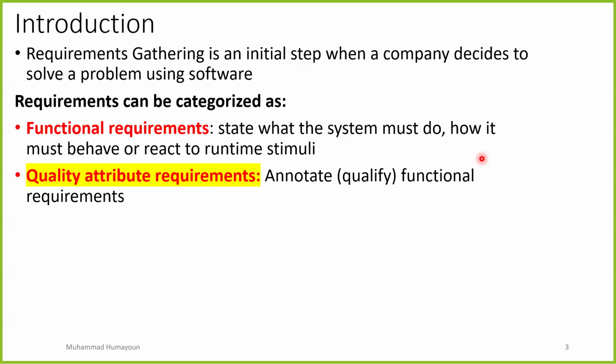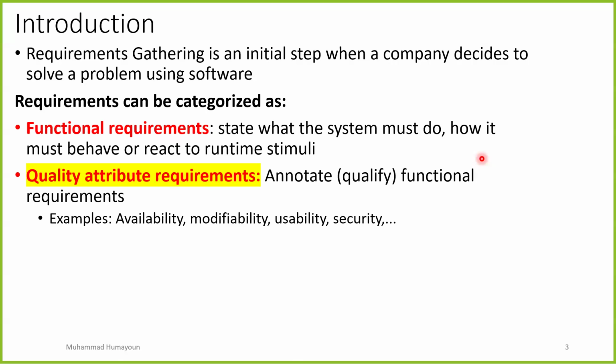Your system should be available, your system should have accessibility features so that it is workable for large audiences, especially persons with disabilities, and so on. So what these quality attributes do is they kind of annotate or qualify your functional requirements. They add up to the functional requirements of your system.